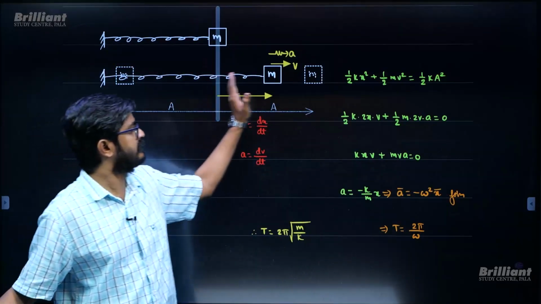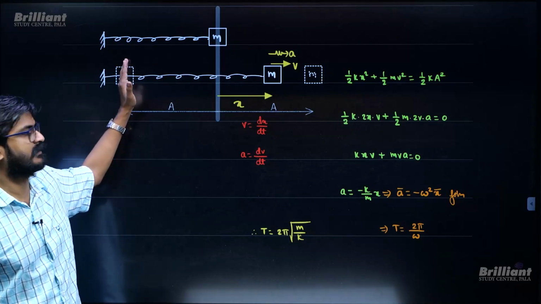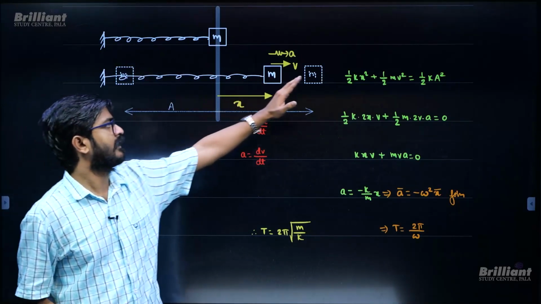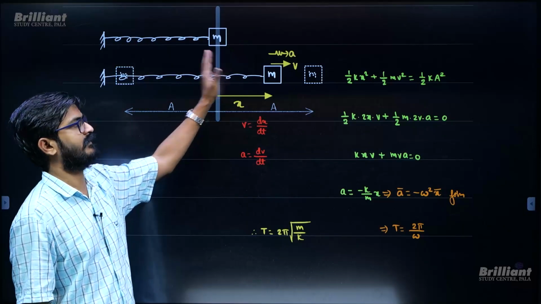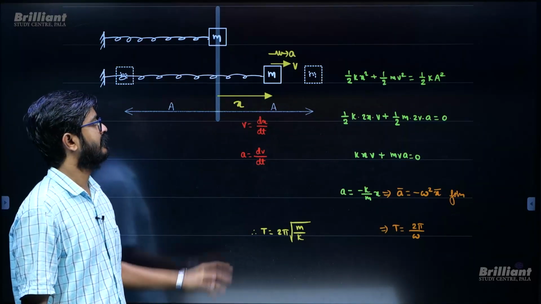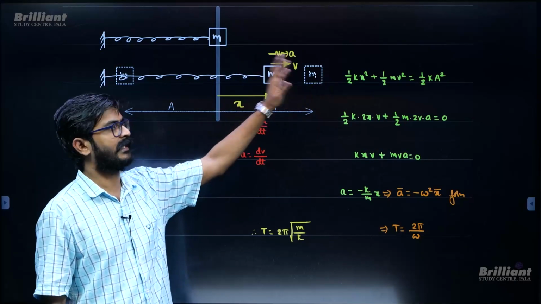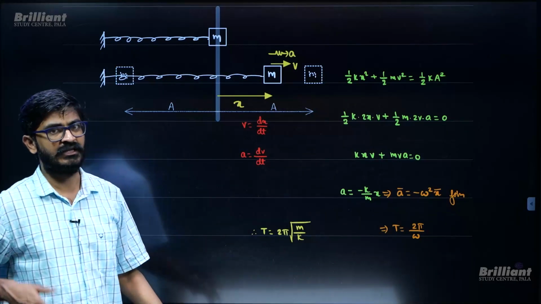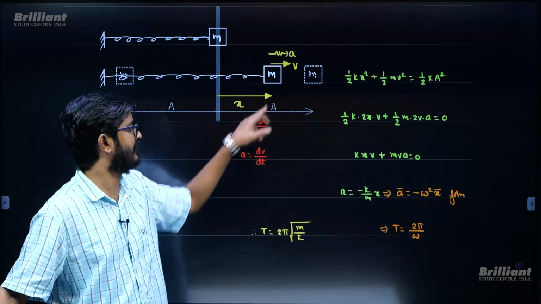When you pull it by a distance and when you leave it, it is going to go back to exactly the same distance. You can convince yourself by using energy conservation, and the net force is going to be 0 here. Still it is going to go in this direction because the velocity will already be in this direction. Anyway, when it is at a distance x and its velocity is v and the acceleration is a, I assumed all are in the same direction so that I don't have to bother about the negative sign. So basically v is dx by dt and a is dv by dt for me.